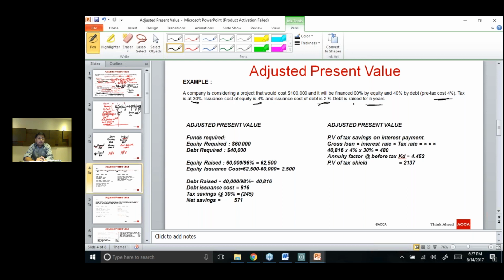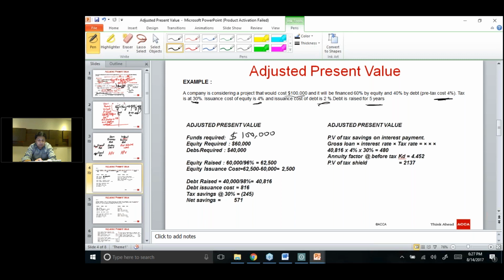So what will be the first step? First, you have to calculate the funds required, and it is quite obvious in this example that funds required is $100,000. Then you are going to split that funds required into debt and equity.